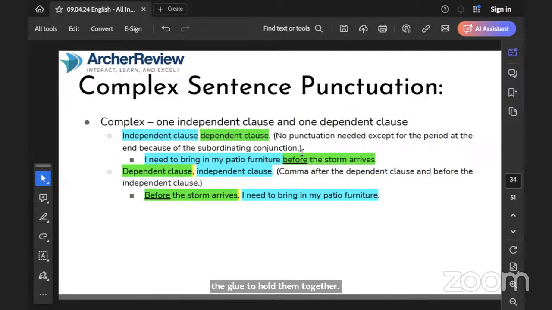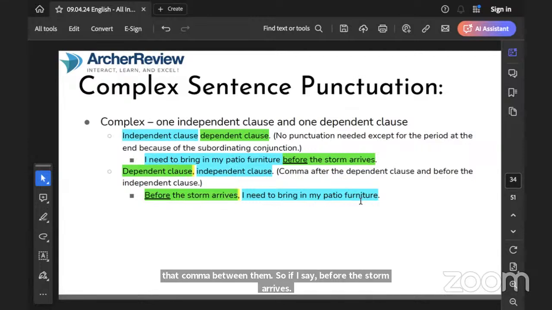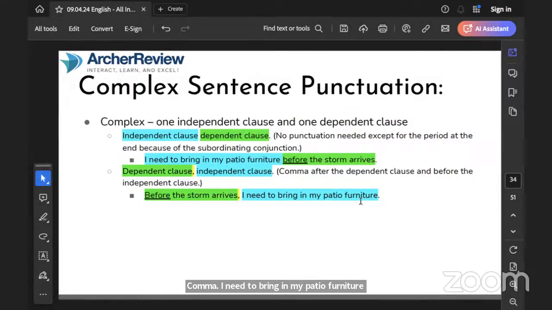But if you put the dependent clause first, the subordinating conjunction is going to come at the beginning of the sentence, and you don't have anything to connect the two clauses. So that's why you have to put that comma between them. So if I say, "Before the storm arrives, I need to bring in my patio furniture." So if the independent clause, the one that can stand alone, comes first, then you don't have to put punctuation in the sentence, just the period at the end.